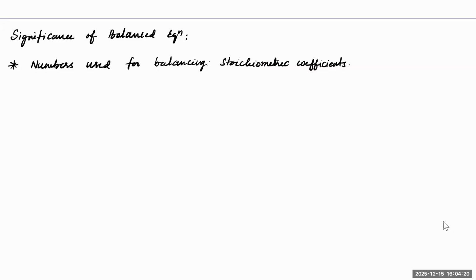The numbers used for balancing are called stoichiometric coefficients. Got it?